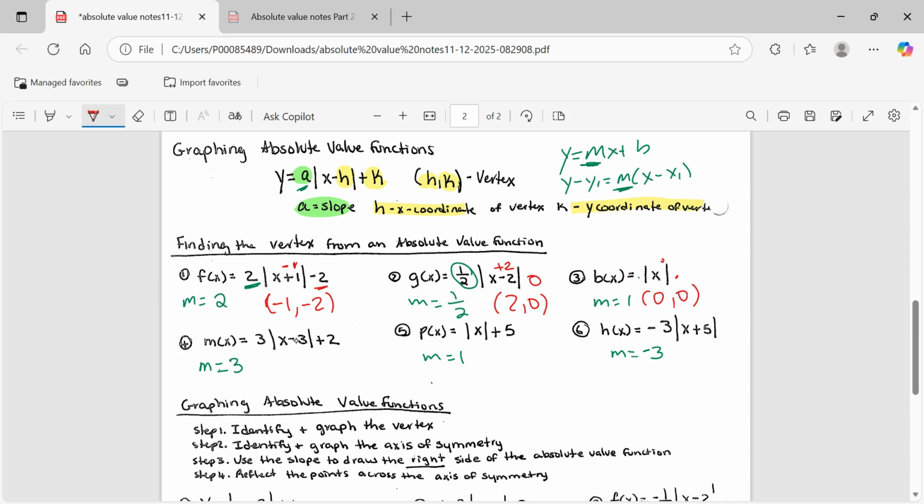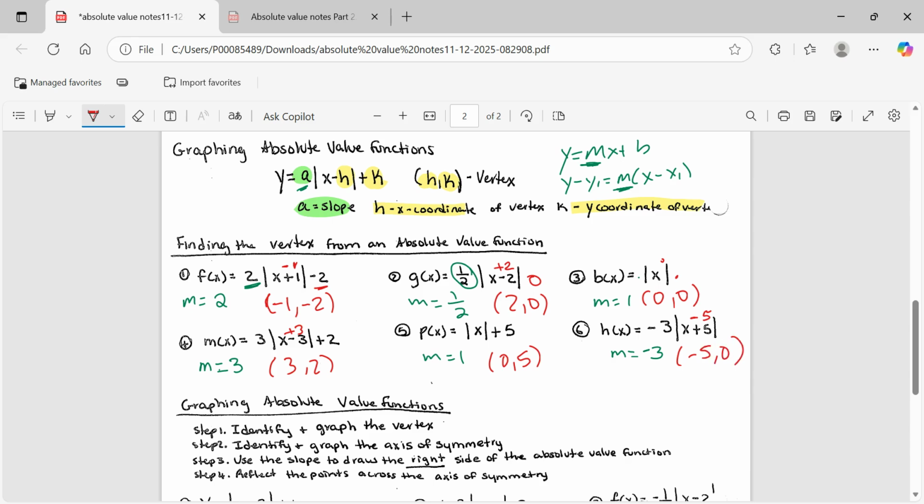Your vertex, not what you see, go ahead and change those signs right away so it helps you out, would be here at 3, 2. Your vertex, you don't see a number, would be here at 0, 5. And your vertex, change the sign, will be here at -5, 0.